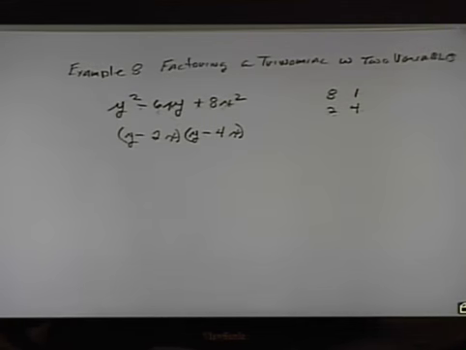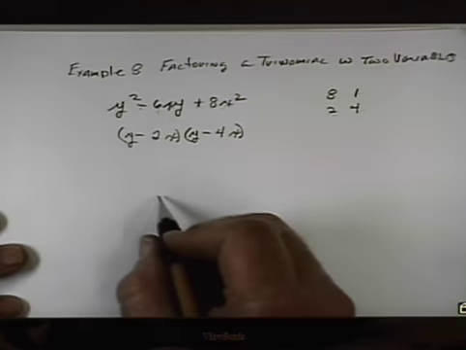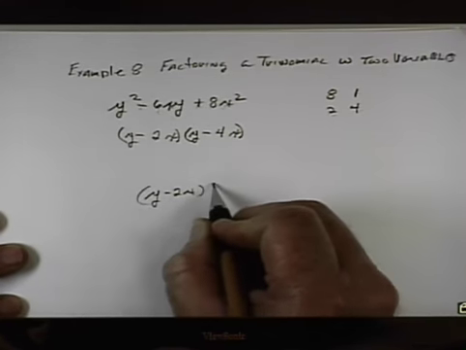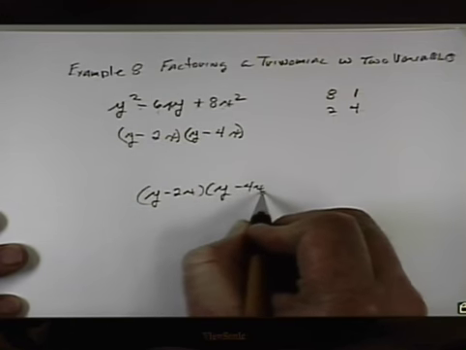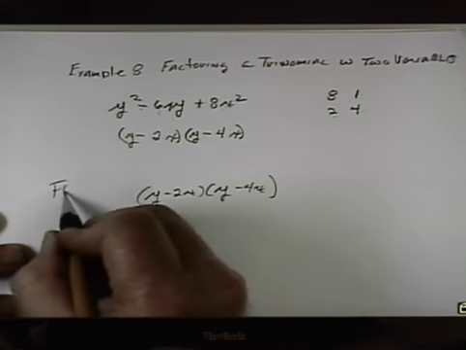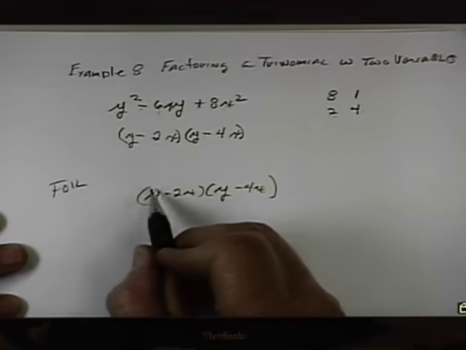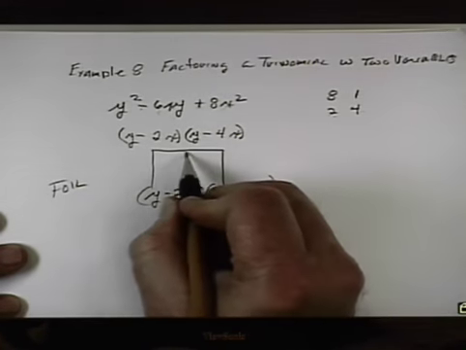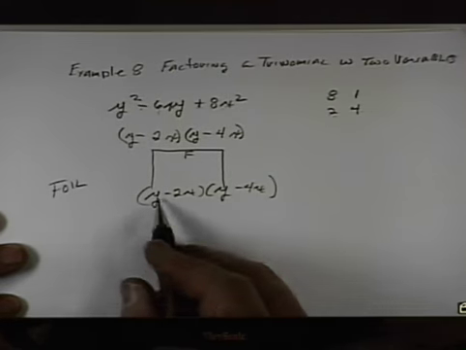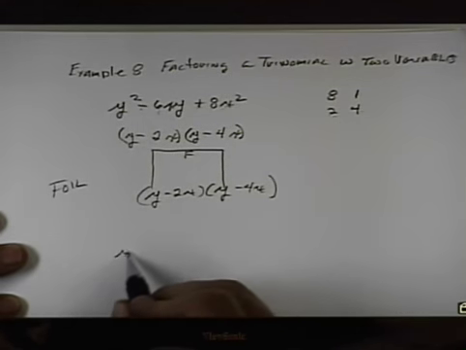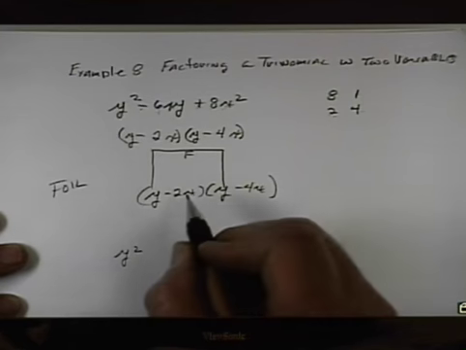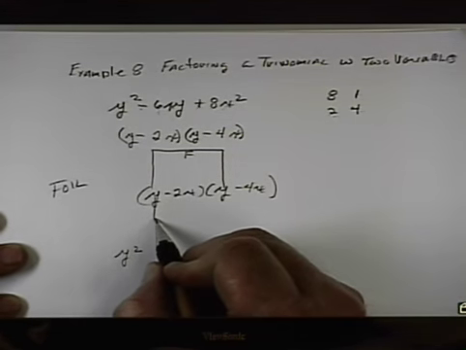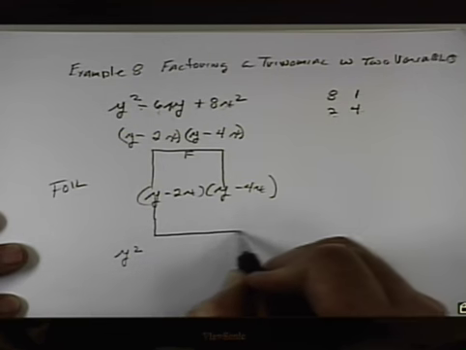Shall we check it just to make sure? We'll use our FOIL. I'll rewrite this. FOIL: F-O-I-L. First times first. This is our F. y times y is y squared. Outside times outside.